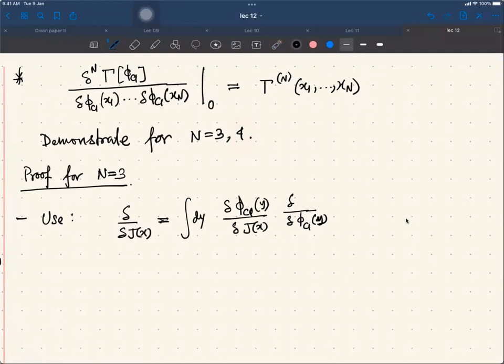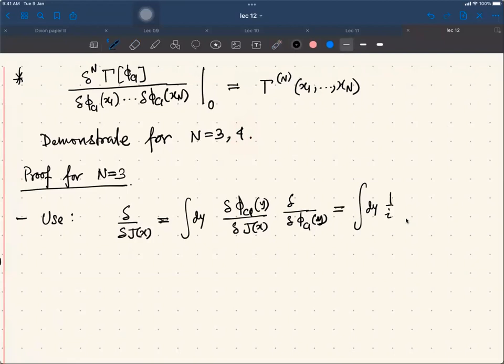And this is dy 1 over i, because phi cl is 1 over i del j of z.